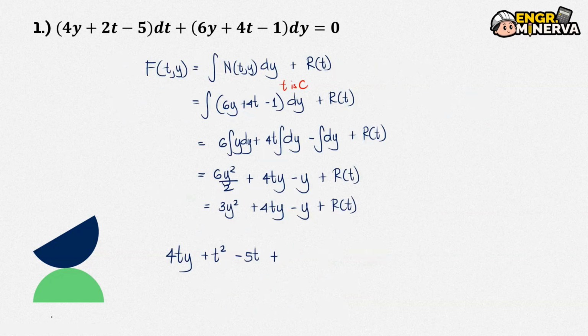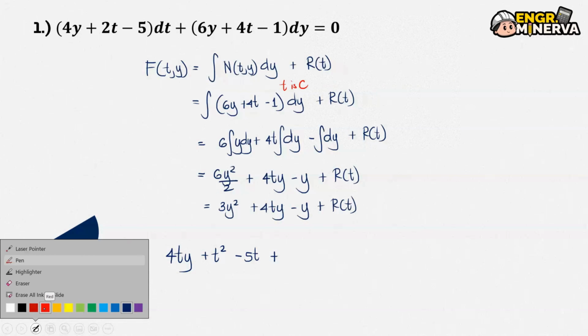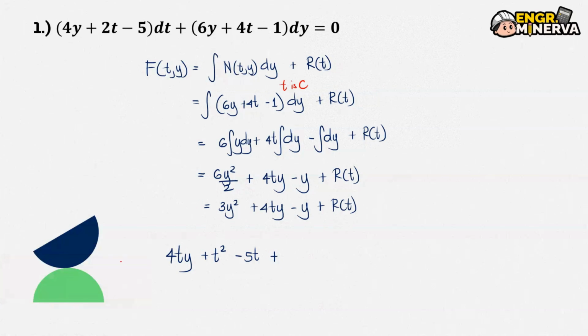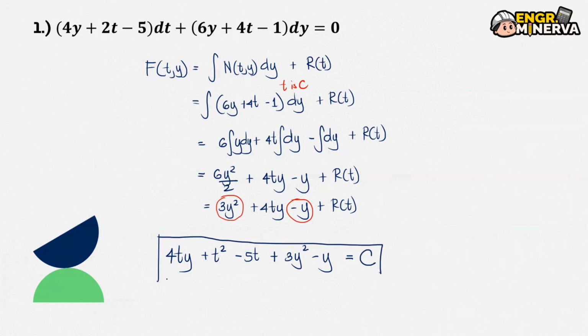So let's check on the other solution. What are the terms containing y only? You have this one and this one. So it means we will add 3y squared minus y equals c. That is our final answer.